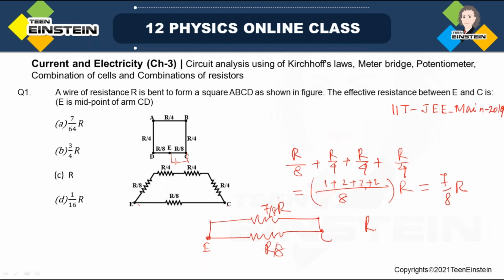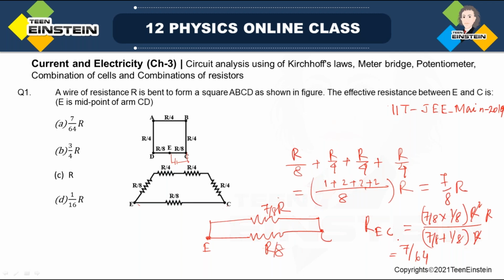The effective resistance between E and C will be multiplication by addition: 7 by 8 R times R, divided by 7 by 8 R plus R. This is actually R square and this is R. So effectively this will be a 1 and this will be 7 by 64. 7 by 64 R square, this will get cancelled.